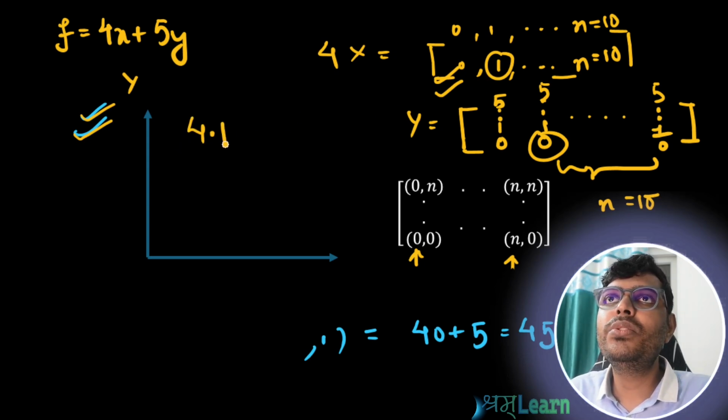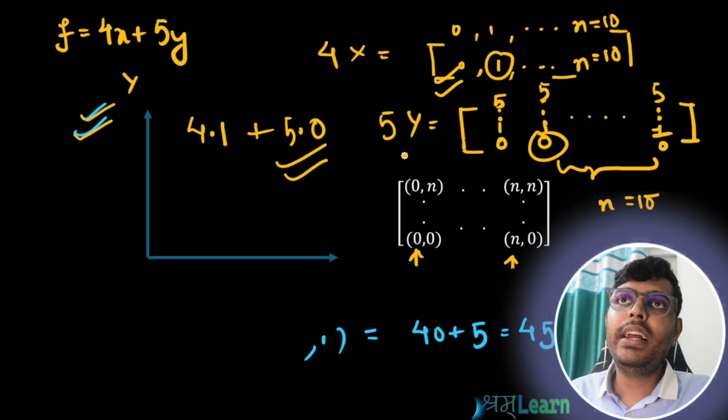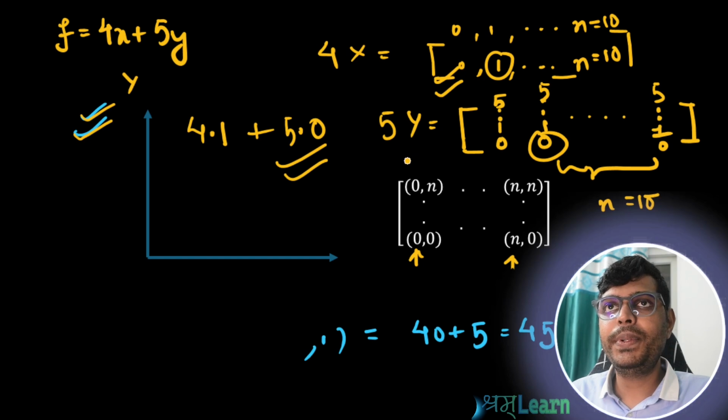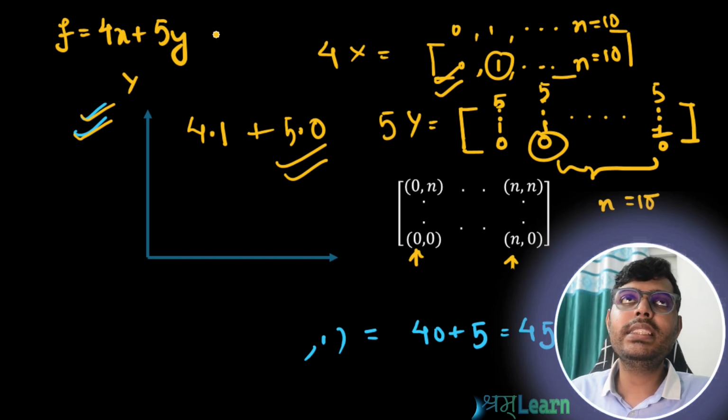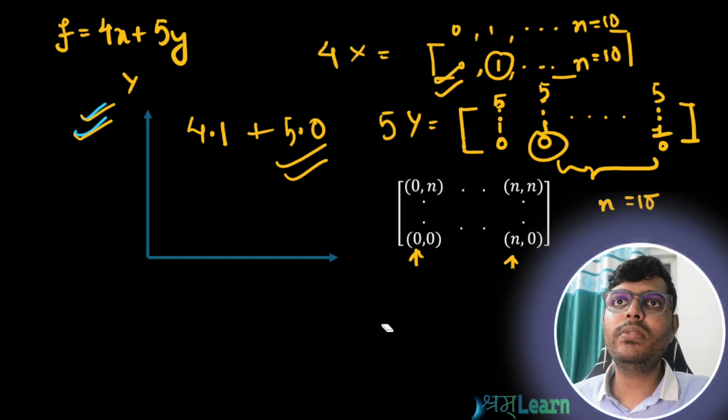That leads to 4 times 1, and we add 5 times this matrix, that is 5 times 0. So the dimension of the matrix becomes the same because of the type of arrangement we have done, and because of the splitting we are able to compute. I hope that I made this idea clear, and if the idea is not clear, we will do something to make it clear.